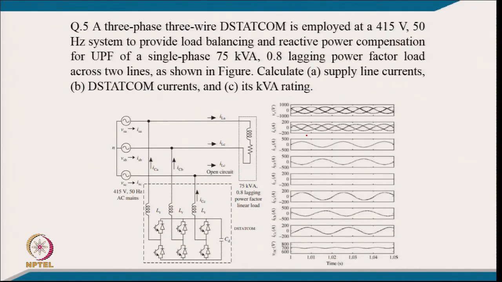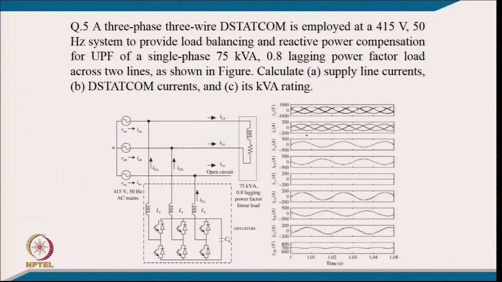Like, coming to another example, a 3-phase 3-wire STATCOM applied at a 415 volt 50 hertz system to provide load balancing and reactive power compensation for unity power factor of a single phase load of 75 kVA at 0.8 lagging power factor across two lines as shown in the figure. Calculate the supply line current, the STATCOM current and kVA rating.